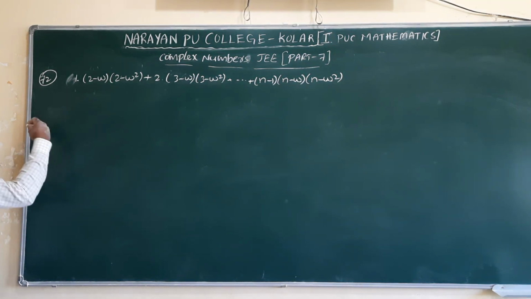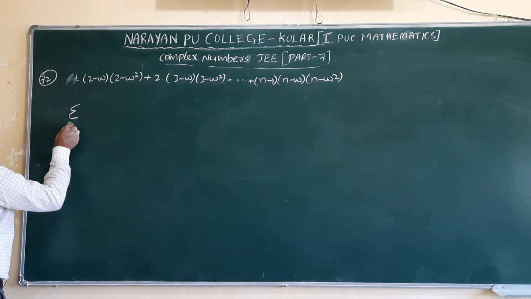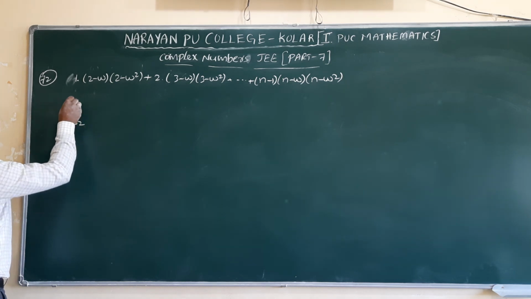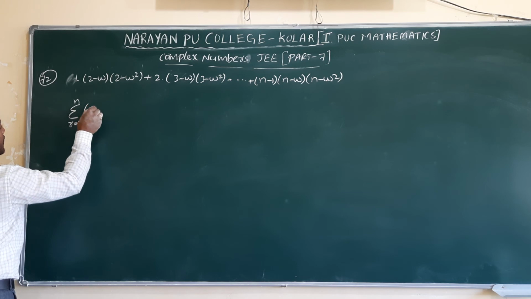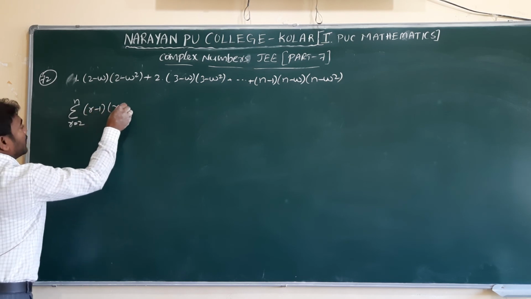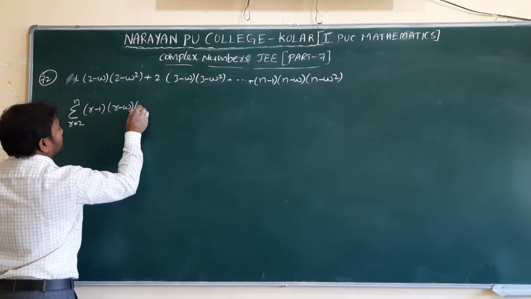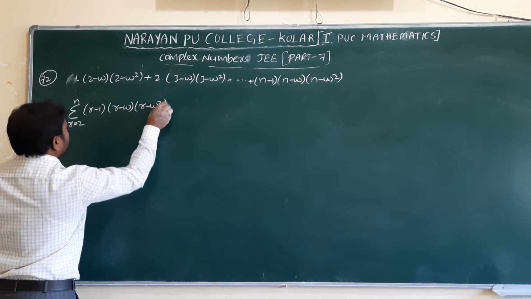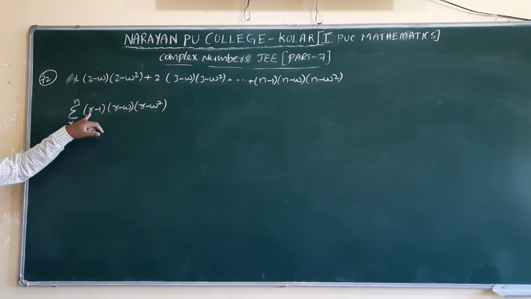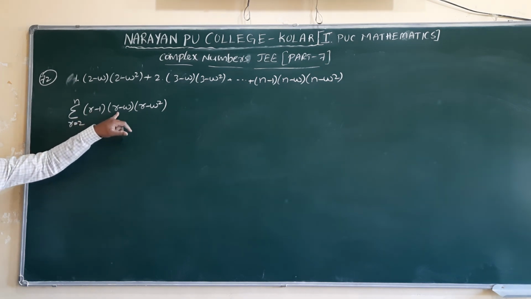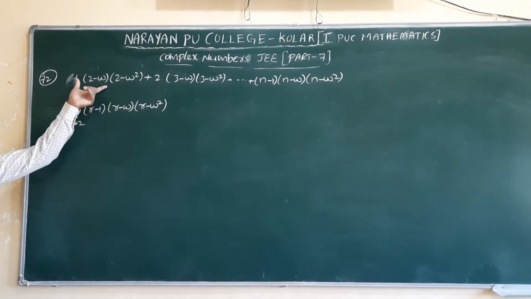So it can be written by summation type, r equal to 2 to n, r minus 1 into r minus omega into r minus omega square. And putting the values, r equal to 2, what we get: 2 minus 1 into 2 minus omega into 2 minus omega square, we are getting the same value.